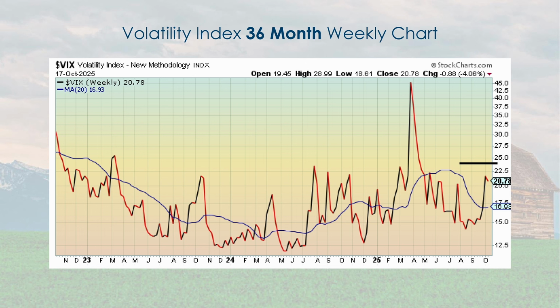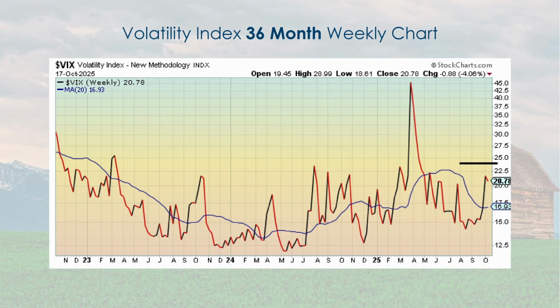Okay, volatility index. This goes up and down, and what this measures is the degree of volatility, usually downward volatility, of the S&P 500. So when it goes down, that means reduced volatility, which usually means that stocks are going up, and vice versa. I put a black line in here at about 24, and that is my indicator.